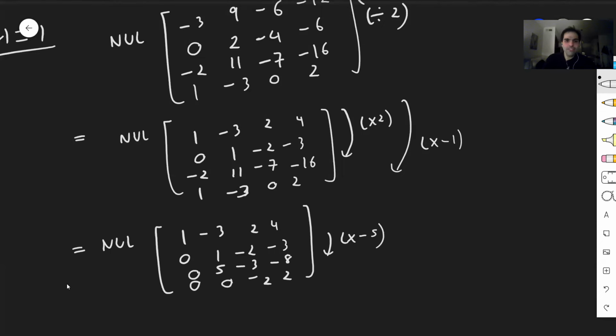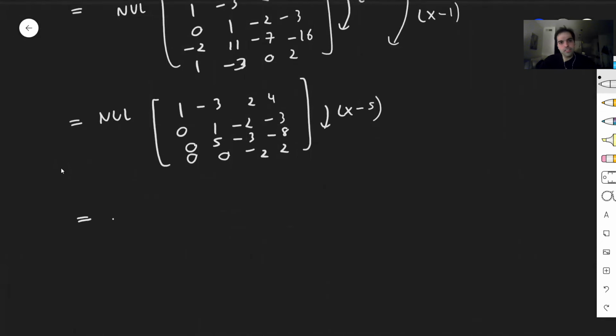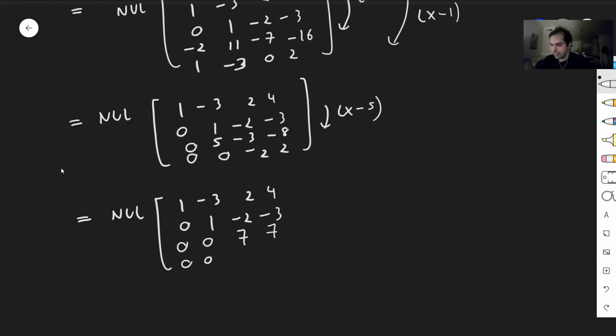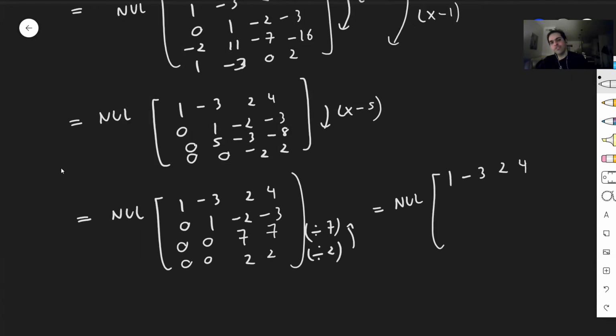Okay, and then what we can do, we can multiply this by minus 5, and this becomes the null space of 1, minus 3, 2, 4; 0, 1, minus 2, minus 3; 0, 0, 7, 7; and then 0, 0, 2, 2. Okay, but then you can divide this by 7, you can divide this by 2, and then subtract everything, and you get the null space of 1, minus 3, 2, 4; 0, 1, minus 2, minus 3; 0, 0, 1, 1; 0, 0, 0, 0.